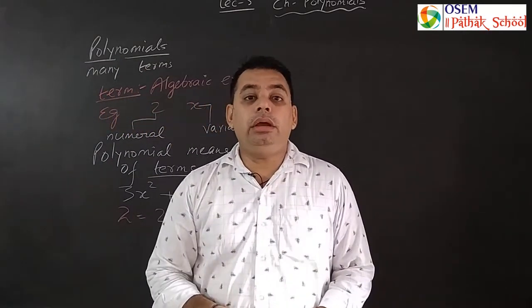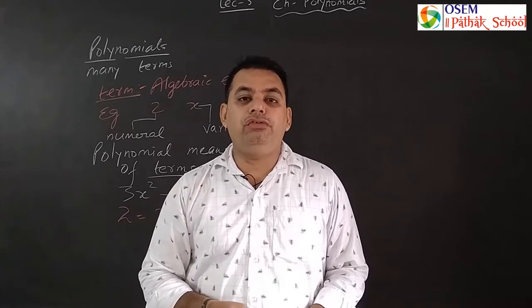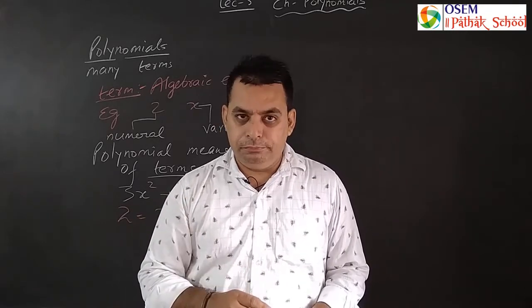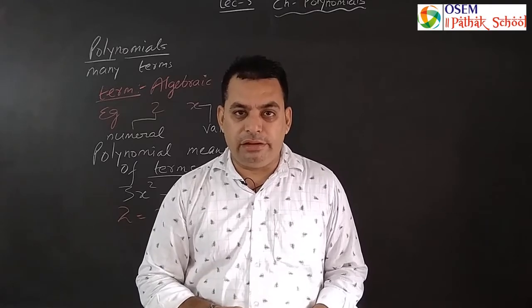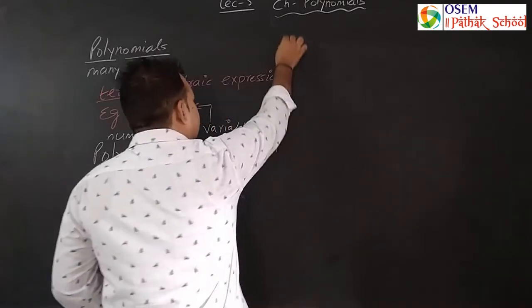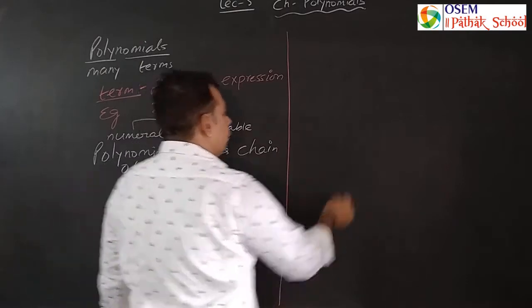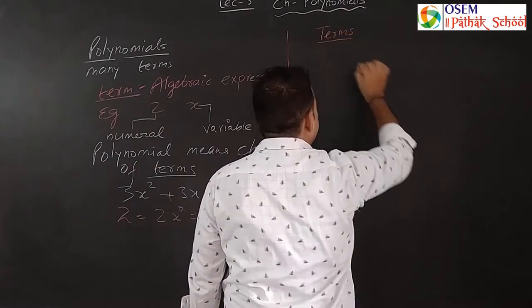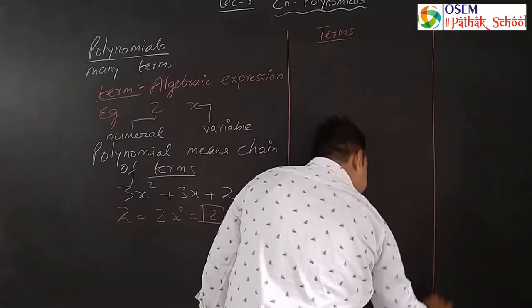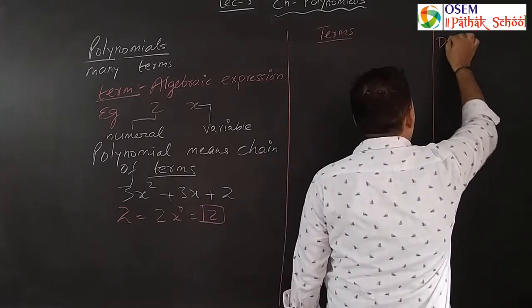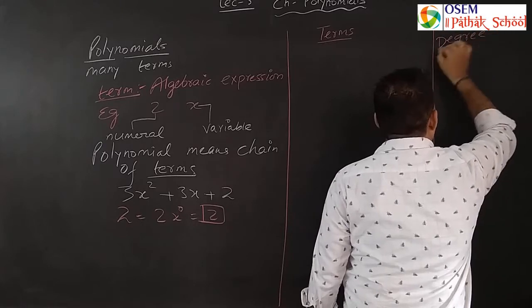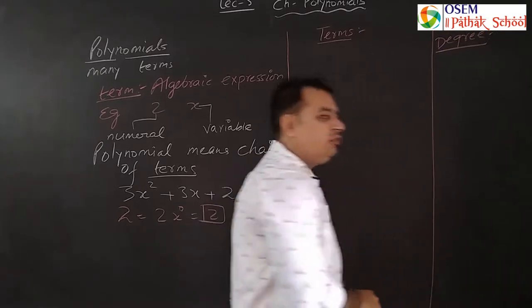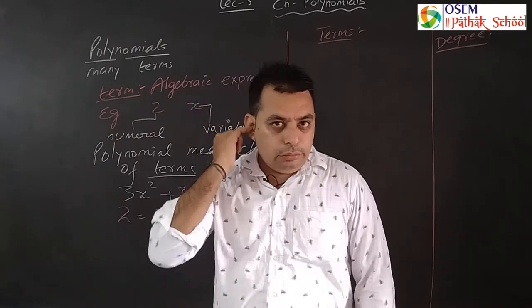Now there are classifications of polynomials on the basis of terms and the degree. That you should also know. I am giving short descriptions. On the basis of terms and on the basis of degree, polynomials have been classified.